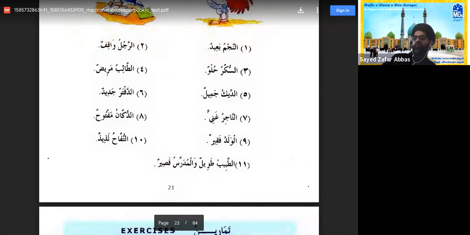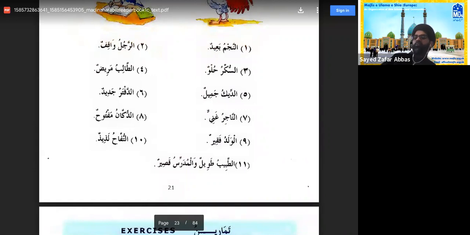At-tajiru ghani. The trader or the merchant is rich. Ad-dukkanu maftuh. The shop is open. Al-waladu faqir. The boy is poor. At-tuffahu laziz. The apple is tasty.